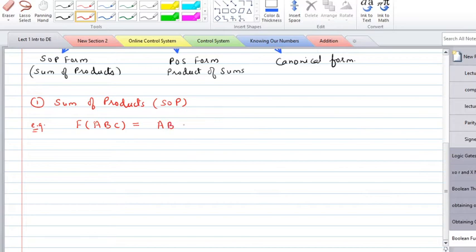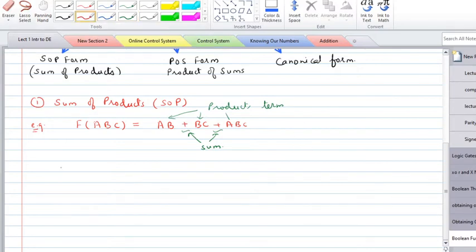Here ab plus bc plus abc. These are product terms, and we are adding these terms, that is taking the sum. That's why it is known as sum of product terms, or sum of product form.